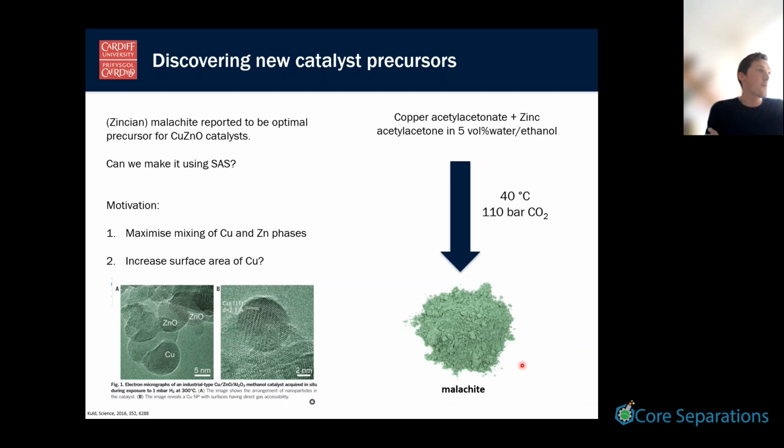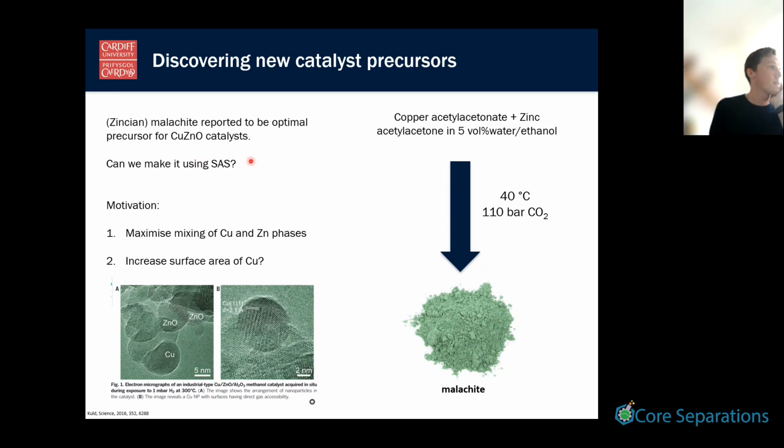So we collaborated with them. We started out by just seeing what we could do by using the SAS method to prepare these copper zinc oxides. At the time, zincian malachite, so that's just malachite, which is a copper compound with the zinc, so zincian malachite. This was reported to be the sort of optimal precursor phase for this.